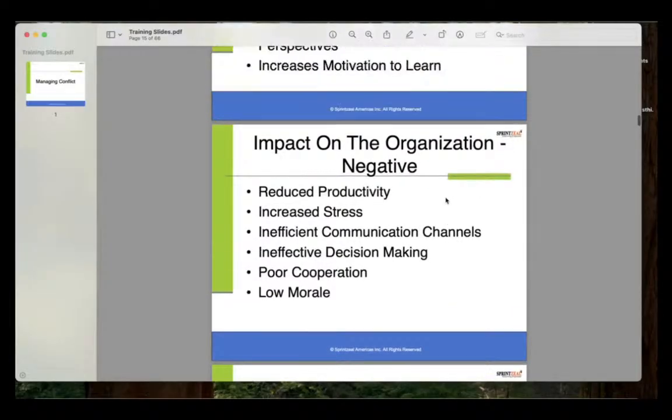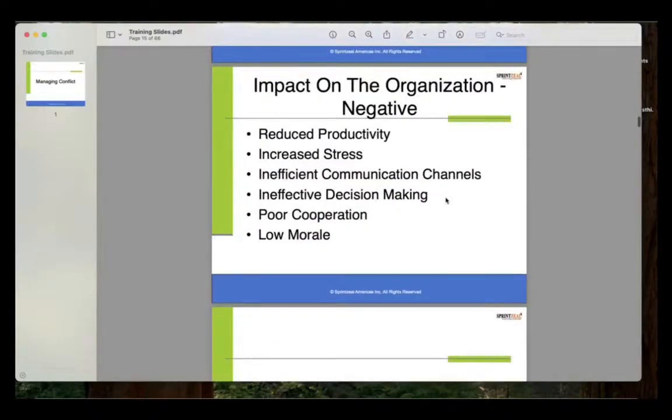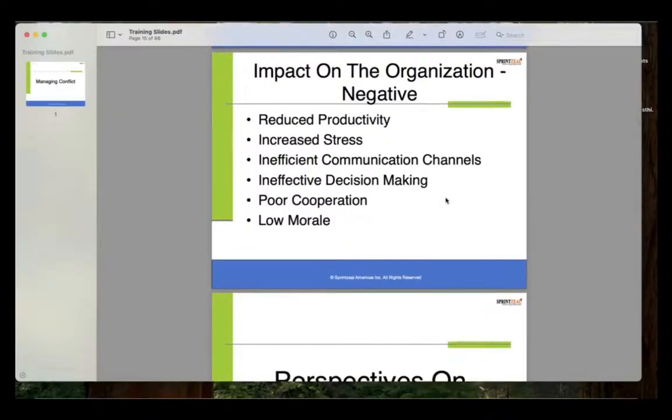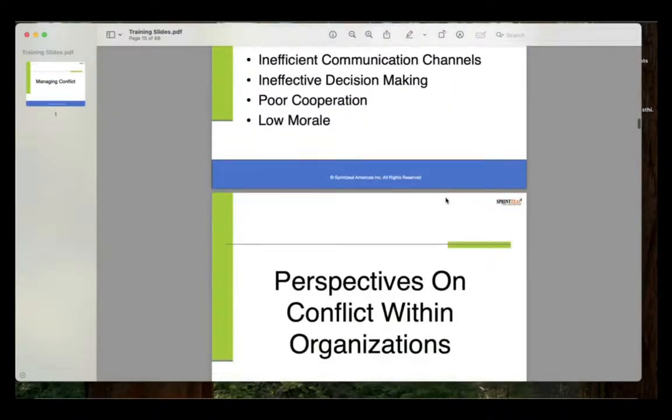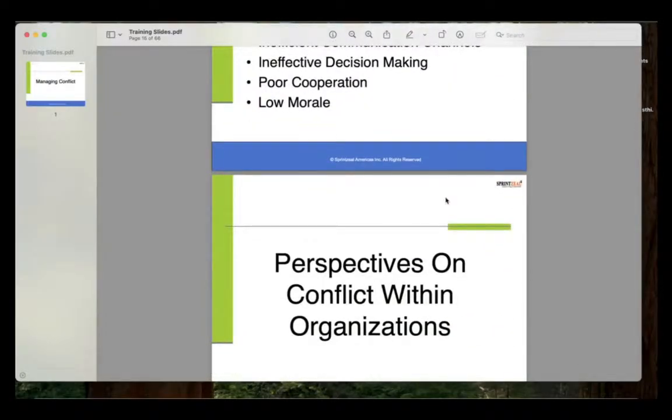Okay, I think the positive and negative impacts are very much understandable. Moving on, we will see the perspectives on conflict within organizations. Again, there are four types of perspectives that we are going to learn. First is unitarist, then pluralist, then interactionist, and the fourth one is radical.